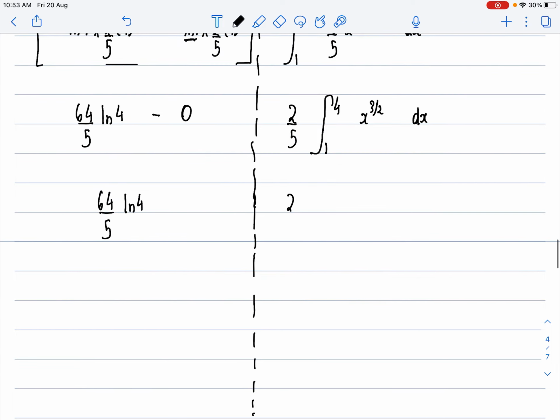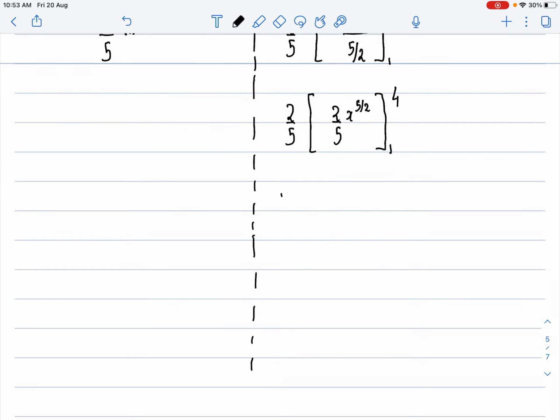The integration of x raised to 3 by 2 is x raised to 5 by 2 over 5 by 2, correct? From 1 to 4. Now I can write this as 2 by 5 with 2 by 5 x raised to 5 by 2, correct? With 1 to 4.